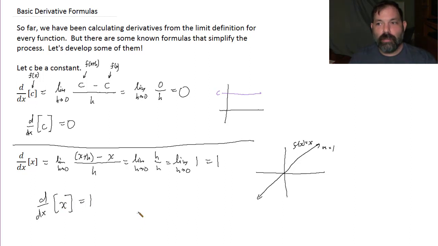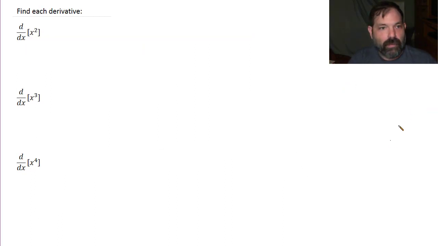So now we've got two formulas. Let's try another one. What if we had x squared? All right, this is getting a little tougher. If we had x squared, then this would be the limit with h approaching 0. The f of x plus h would be x plus h squared, minus the f of x, which would be x squared, over h.